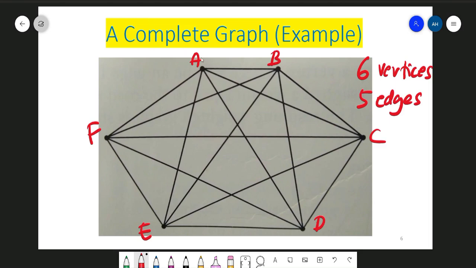For example, at vertex C we have 1, 2, 3, 4, 5. From vertex C we have 5 edges going out.